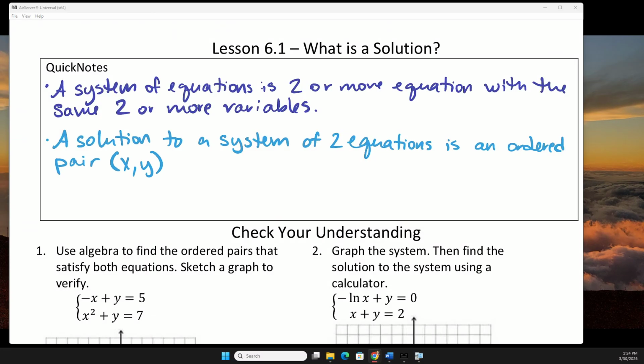I guess it's possible we could have different variables, but that ordered pair satisfies both equations.